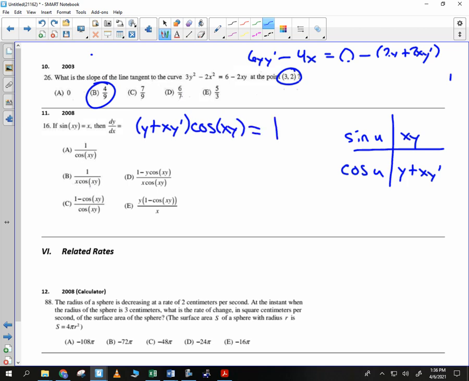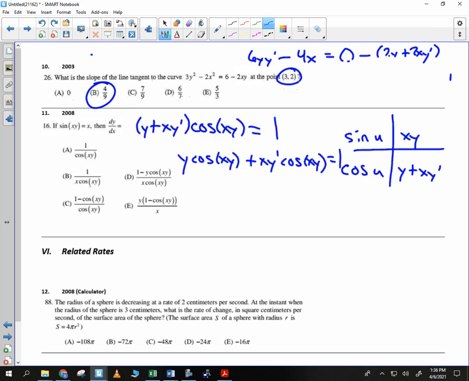to the derivative of x, which is 1. So now we're solving for y prime. In order to solve for that, I need to distribute the cosine. So I would have y cosine of xy plus xy prime cosine of xy is equal to 1.